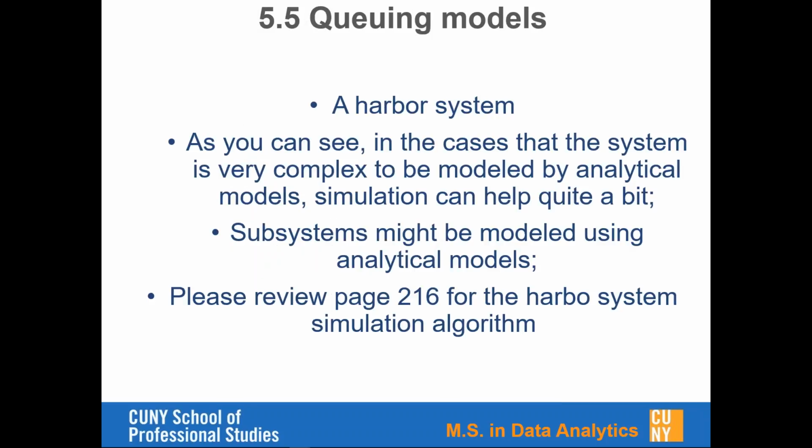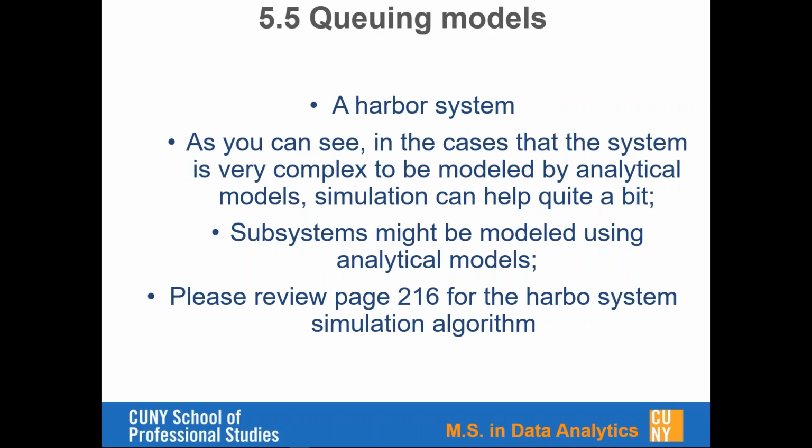And then for the Q model, I want to discuss a little bit. For example, in a Hubble system, you can see in the pieces that the system is very complex to be modeled, but analytical model simulation can help quite a bit.